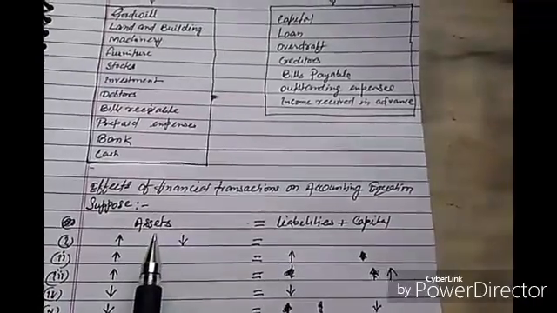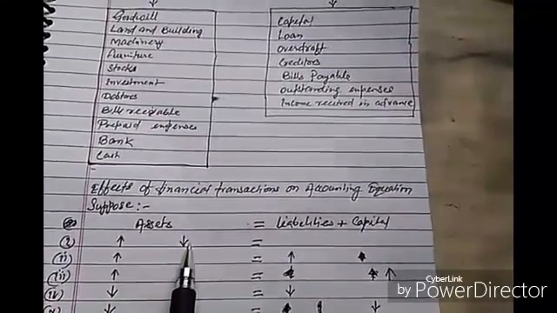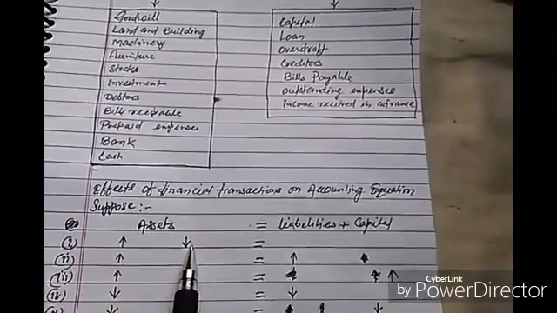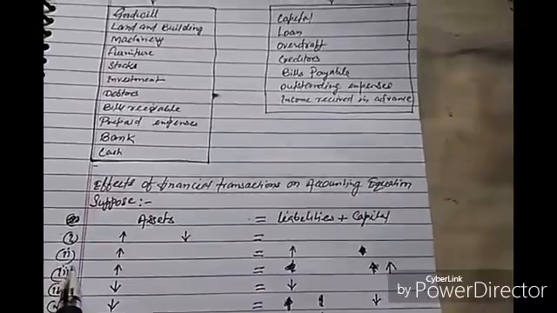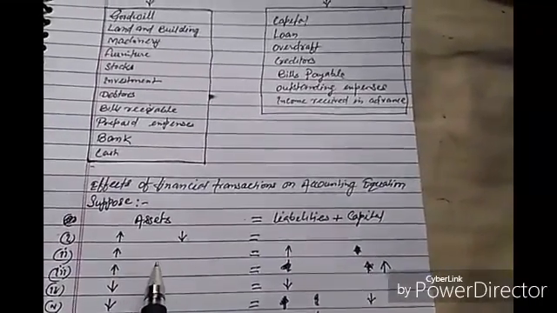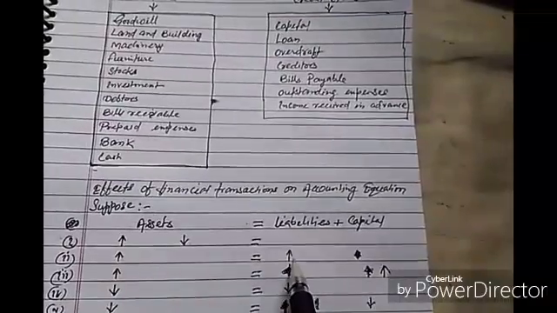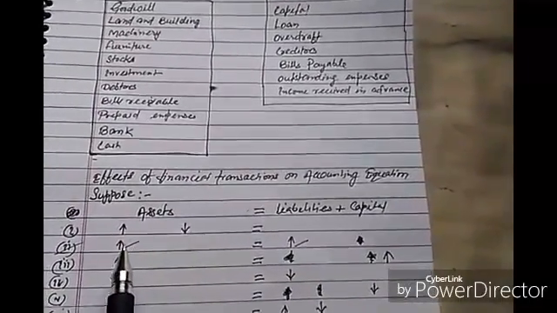First, increase in one asset, decrease in another asset. For example, sales of goods. Second one, increase in assets, increase in liability. For example, taking a loan.